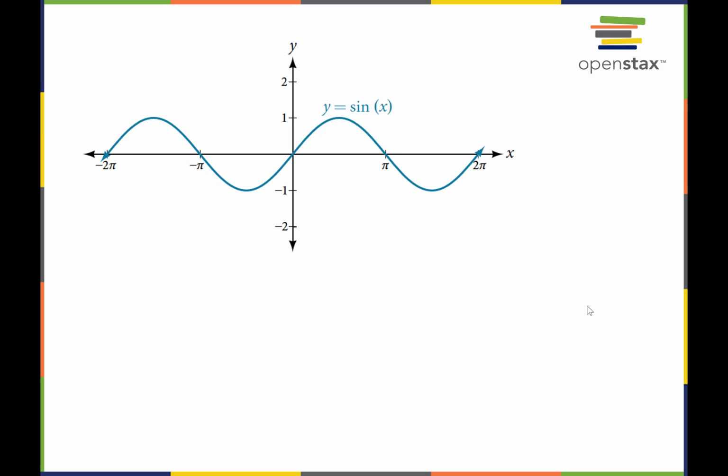First term that we need to know is what an amplitude is. If I look at the graph and I look at the center line that comes up through the middle, I like to call that the midline or the center.